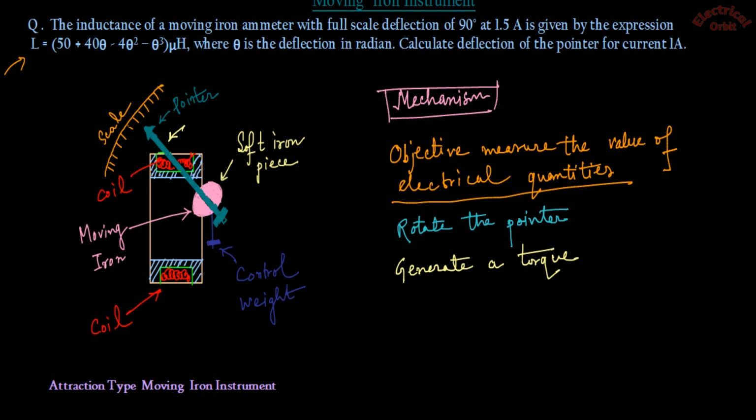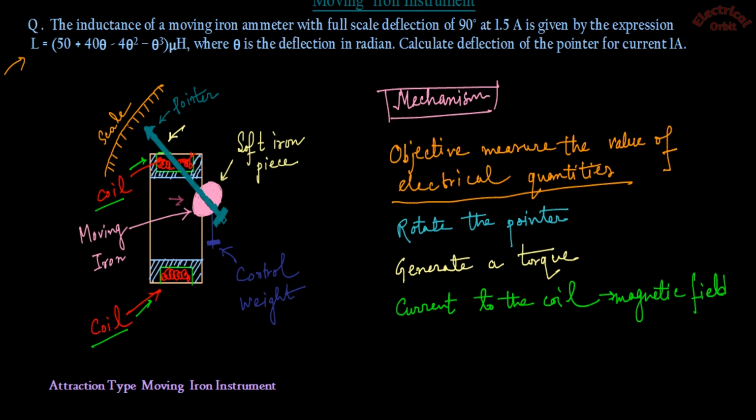Now how are we generating the torque? When we are sending current to the coil, which coil? This coil, this coil. Then the coil is generating a magnetic field. When the coil is generating a magnetic field, this soft iron piece gets attracted towards the coil.